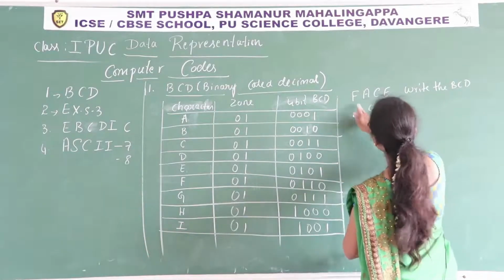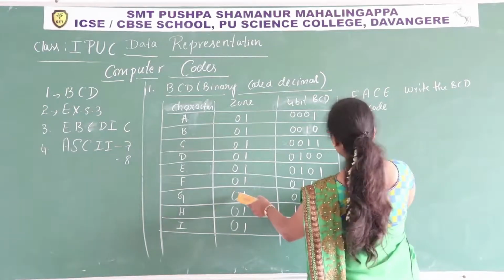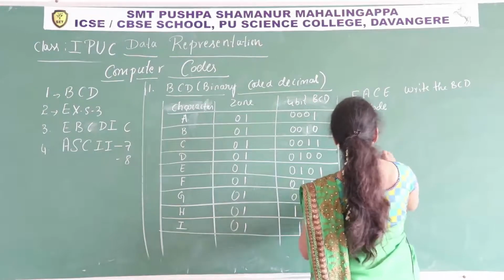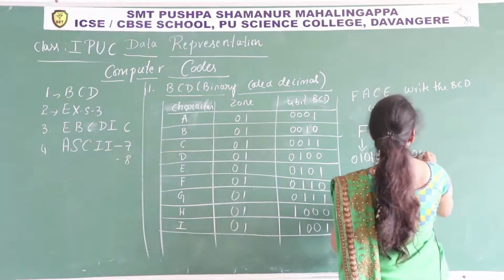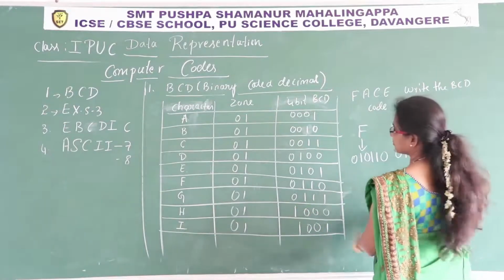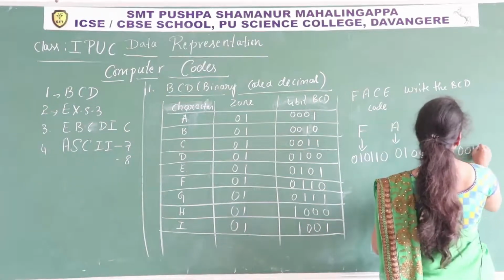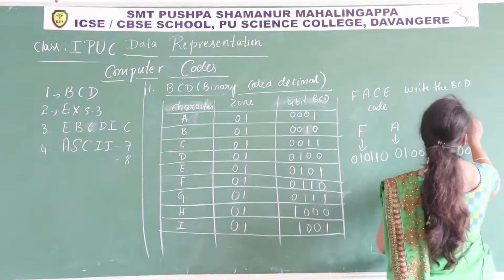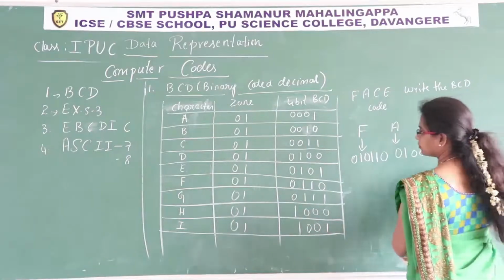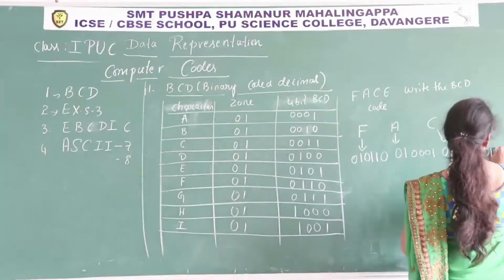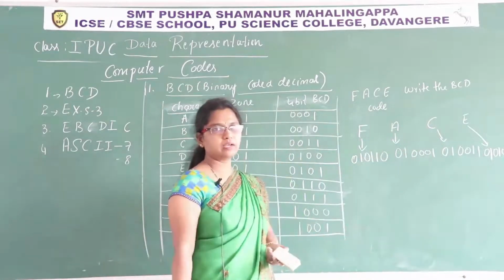What is the BCD code of F? 01 0110. A is 01 0001. C is 01 0011. E is 01 0101. Collect them, then all together you have to keep at the end.